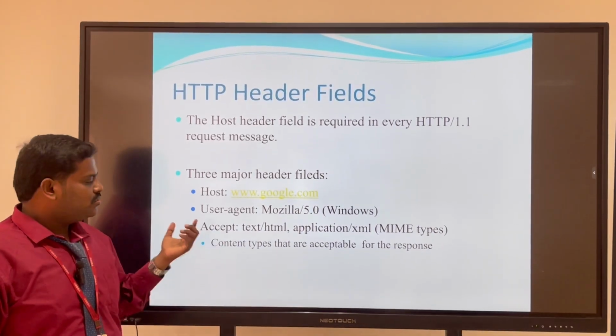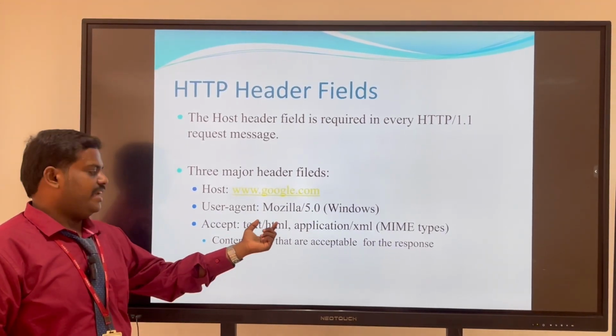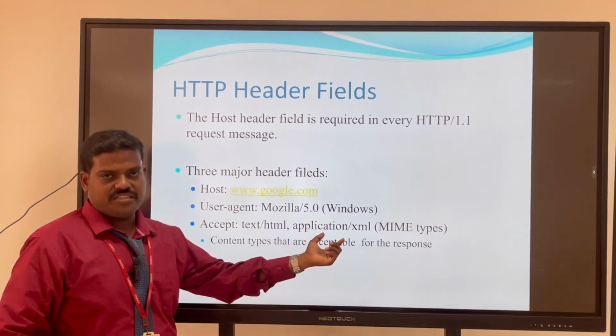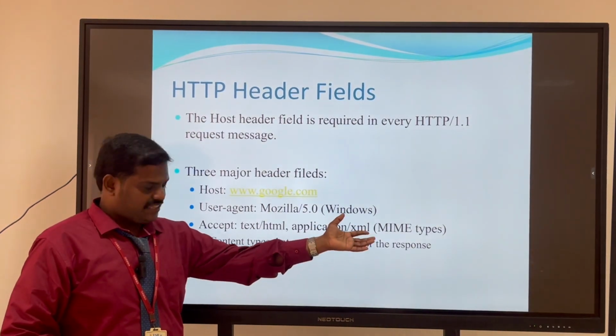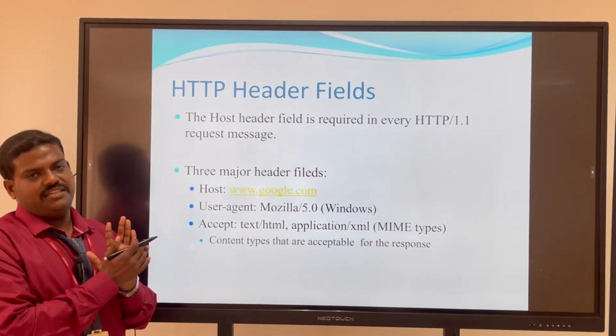Next one is accept. Which type of accept are we using? The accept can be text/HTML, then application, and then XML. So three important types we are using for accept.